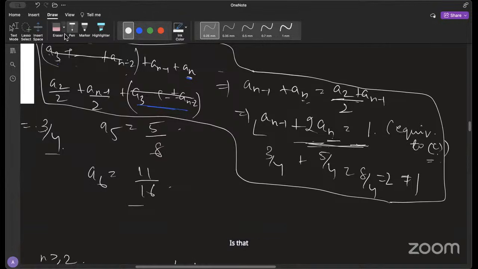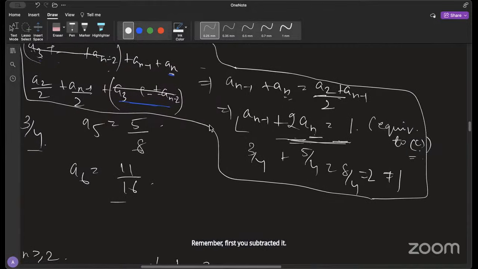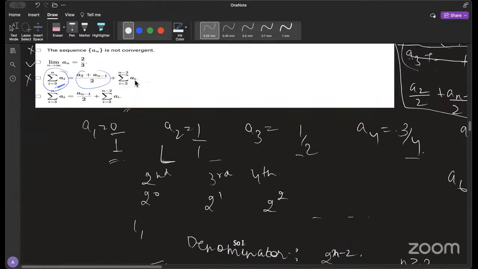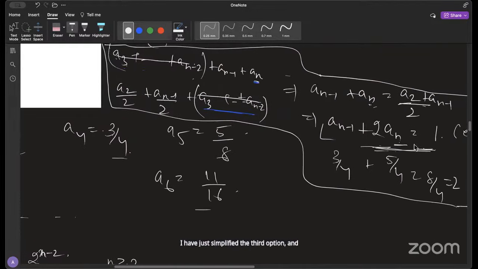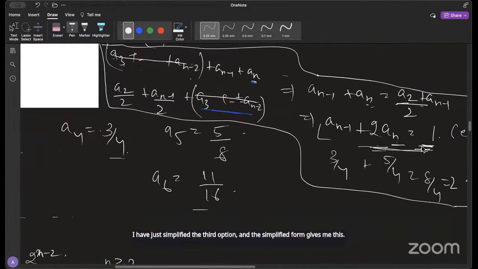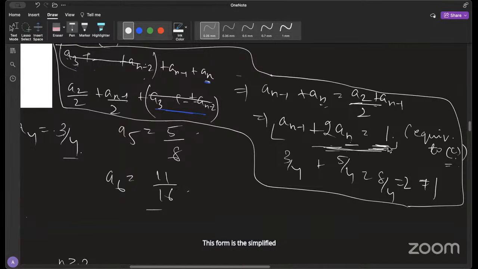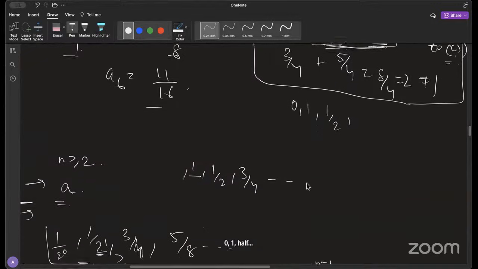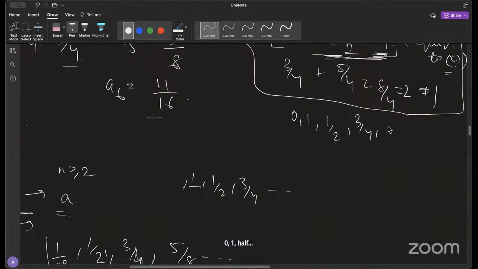Is that okay? So, ma'am, first you subtracted it and then you equated it. I have just simplified the third option, and the simplified form gives me this. This form is the simplified form of your third option. And then I'm just checking, putting values from this sequence. The sequence is 0, 1, half, 3 by 4, 5 by 8, 11 by 16, and so on.